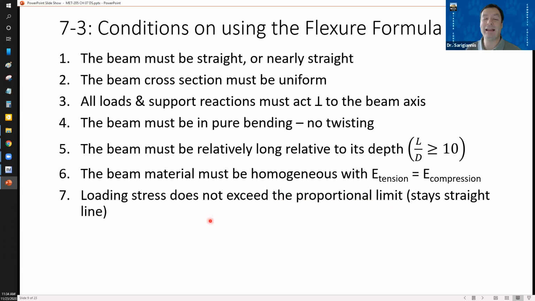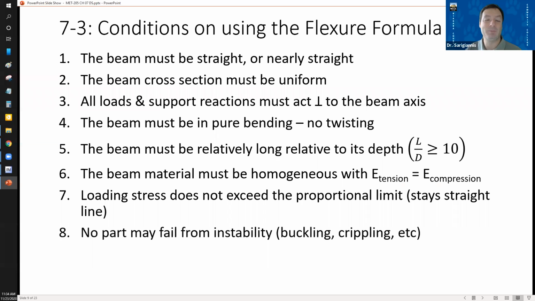So we want to stay in the elastic region in order to use this formula, because if you're not in the elastic region anymore, you start to get one of those failure modes, like yielding on a beam. And the stresses are going to be all over the place. Some places are going to carry more stress than others. It's not going to be a uniform stress.